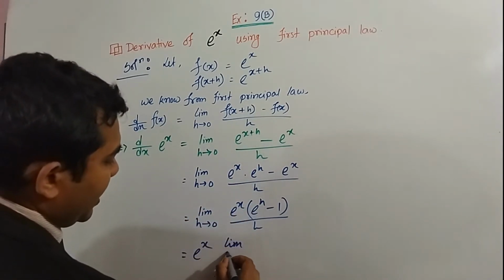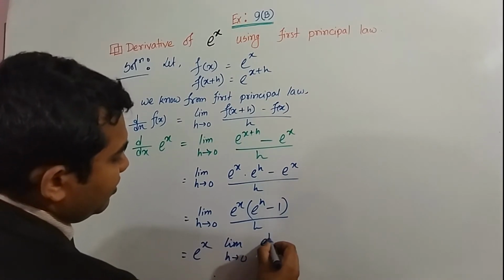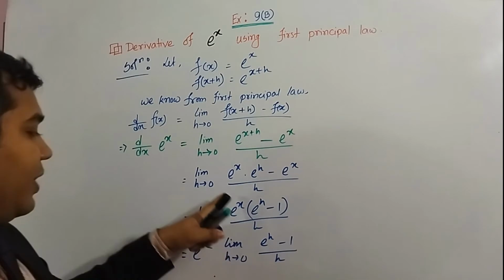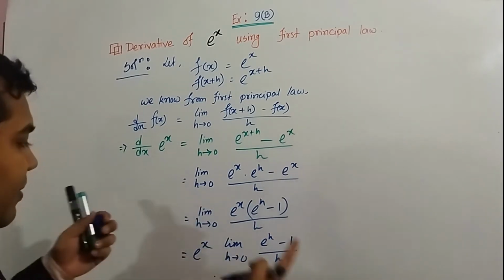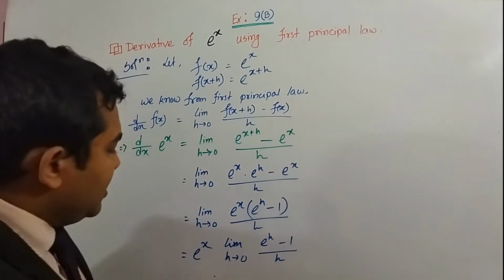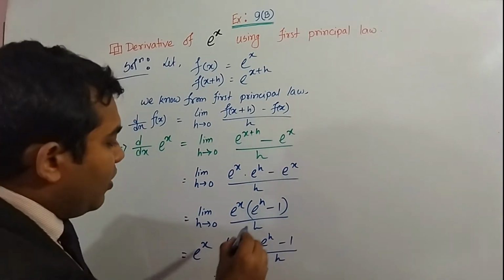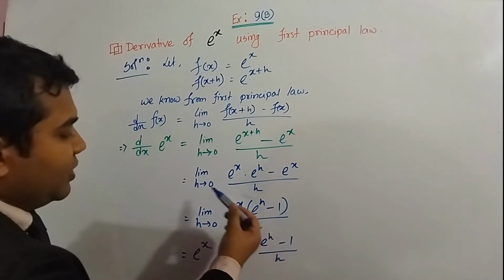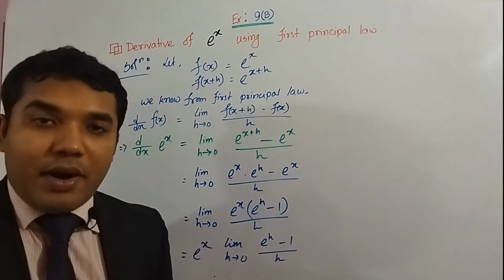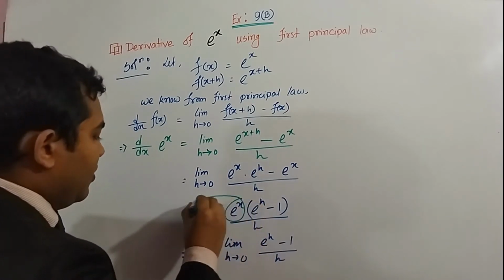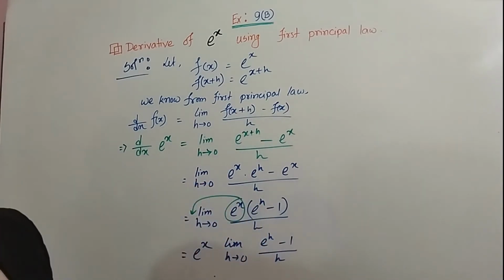Because this limit will work only on the h position, not the others. That's why these actually work as the constant part, so e to the power x can come in front of the limit.